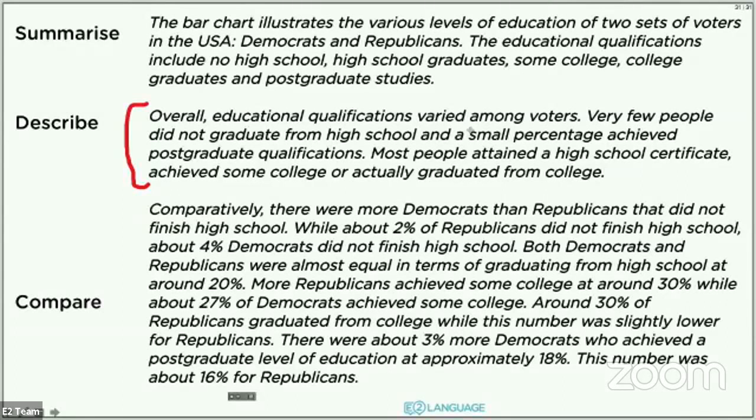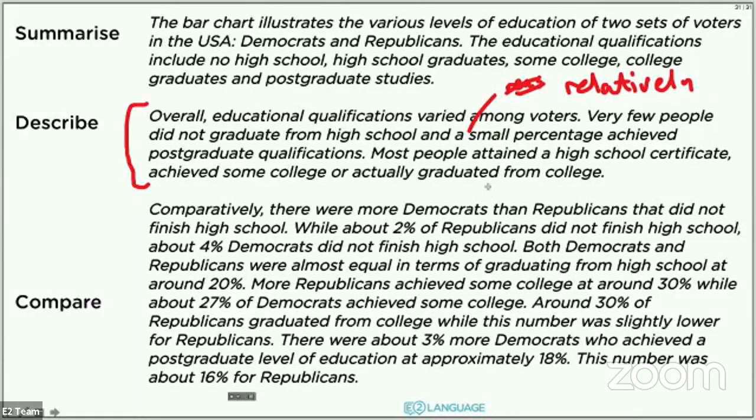I could probably say a relatively small percentage, relatively, that would be a good way to make that more accurate. A relatively small percentage achieved postgraduate qualifications. Most people attained a high school certificate, achieved some college, or actually graduated from college.